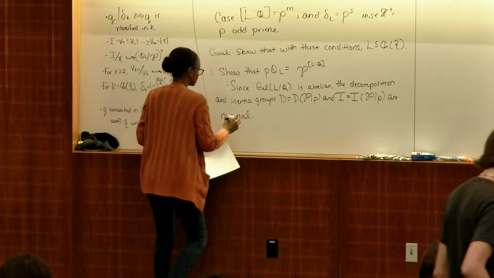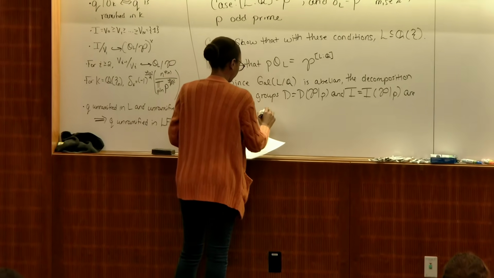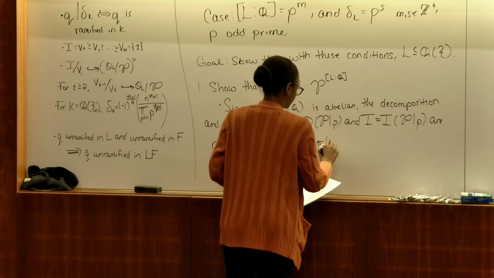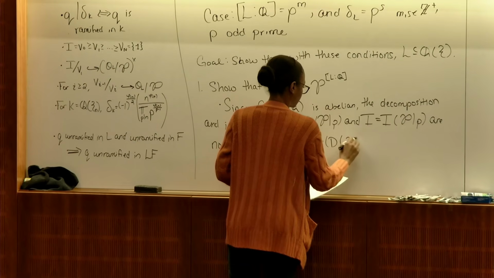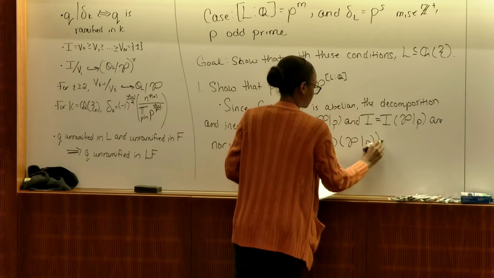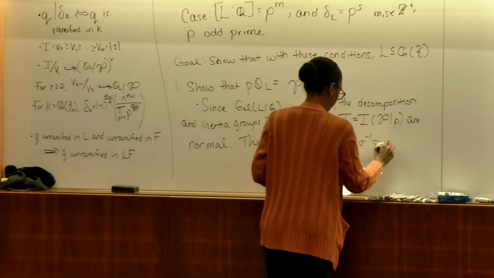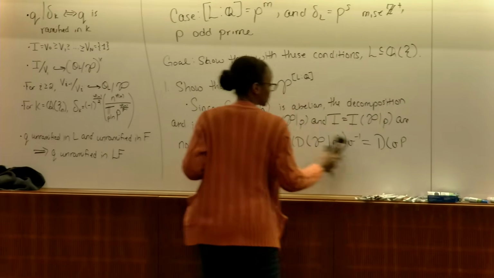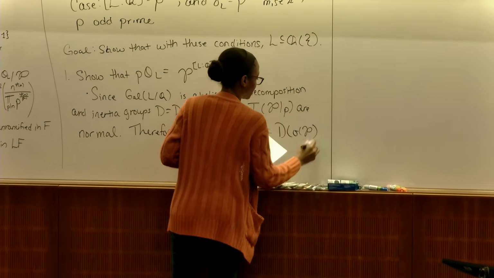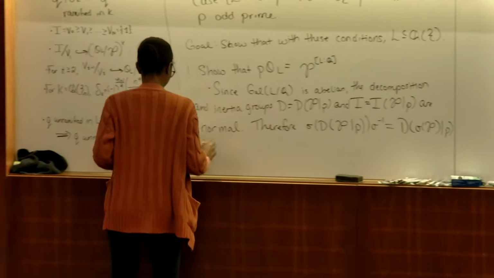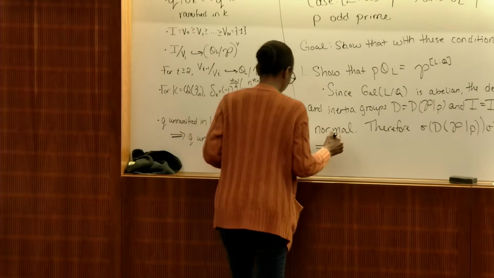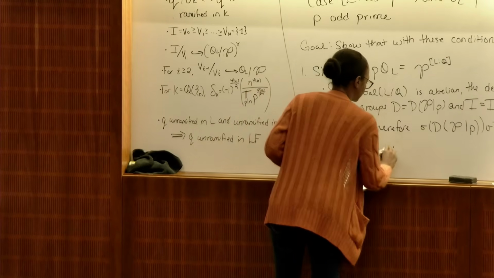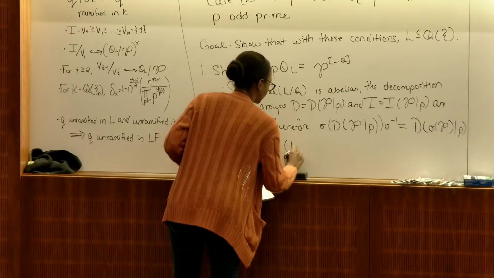Okay, so what this means is if I do conjugation, which in general would get me the decomposition group of some other prime dividing p, in this case, because the decomposition group is normal, I didn't get anything new. Same thing is true for I.